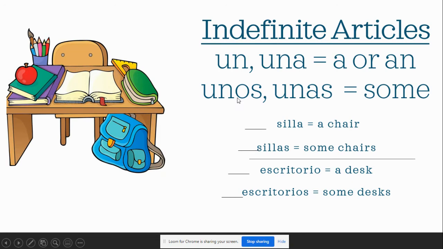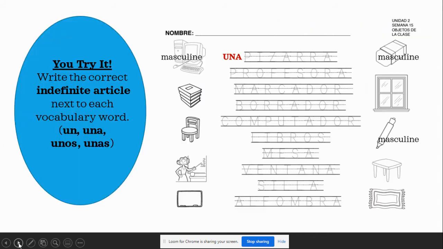Escritorios is masculine. So we're going to use the masculine indefinite article that is plural, which is unos. All right, so some desks, let's say it. Unos escritorios. All right, we did that. So awesome job, guys. Now, I believe you guys are ready to do it on your own.